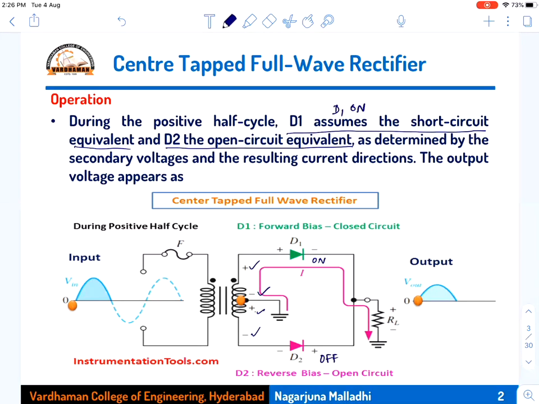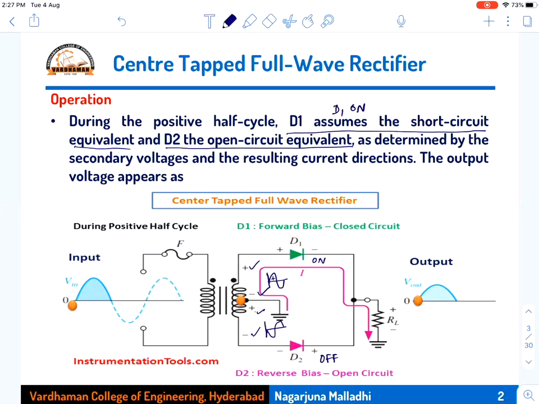Under this case, your input waveform is like this. The waveform across the secondary winding will be of this shape. Whatever the phase is there, the input phase and the output phase of the secondary winding, both will be the same in the first winding. But in the case of the second winding, because of the center tap, the voltage appearing across the second half of the secondary winding will be like this.